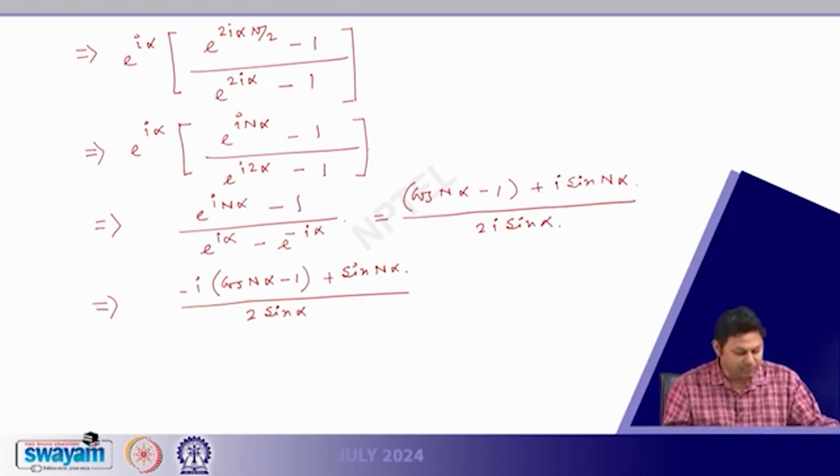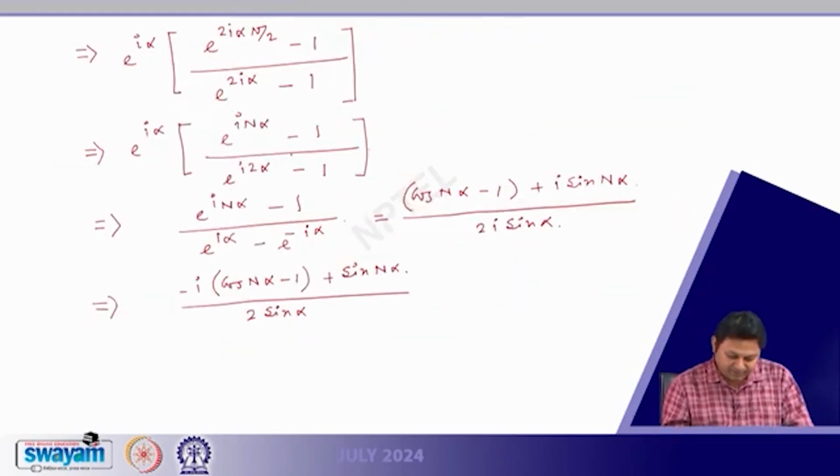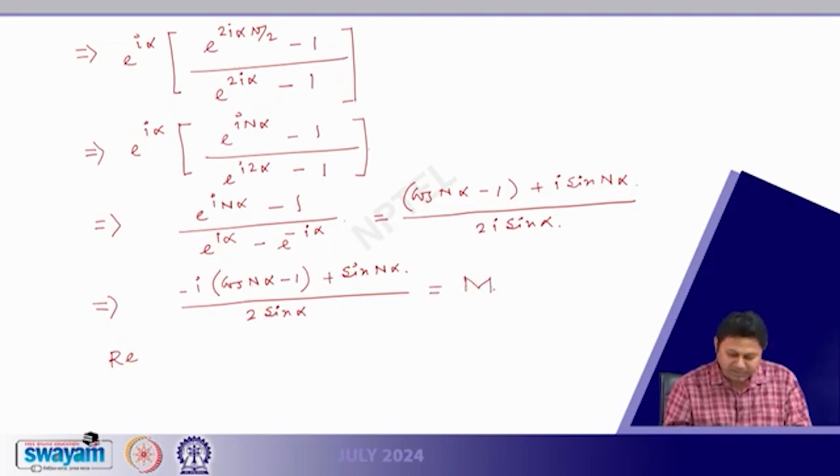If I go back, this quantity, I required only the real part of this sum. So, if I calculate the real part of whatever we have, say I put a name here, say this is m. So, I require the real part of m.